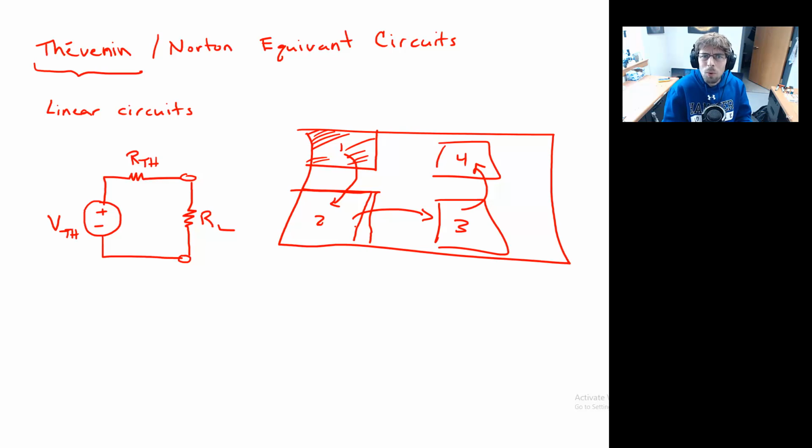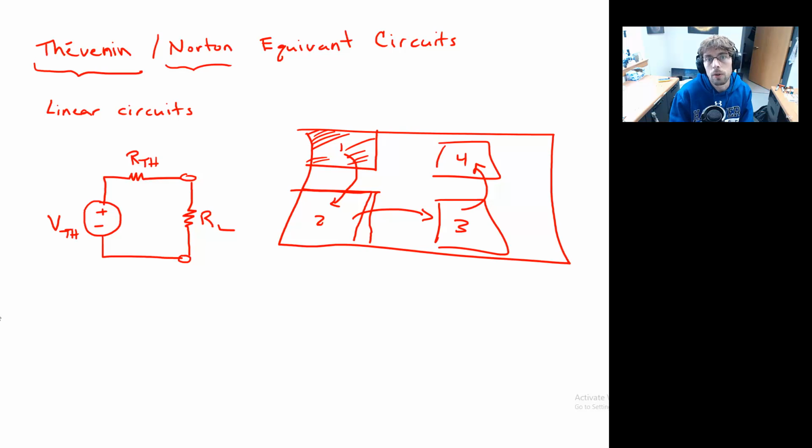Okay? So it's a way of, I call it black boxing. You can ignore the details of the circuit, you can black box it, and still appropriately model the reaction of your load, which is pretty cool. So that's what Thevenin found out.